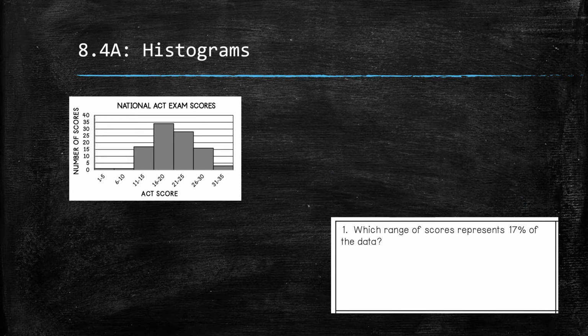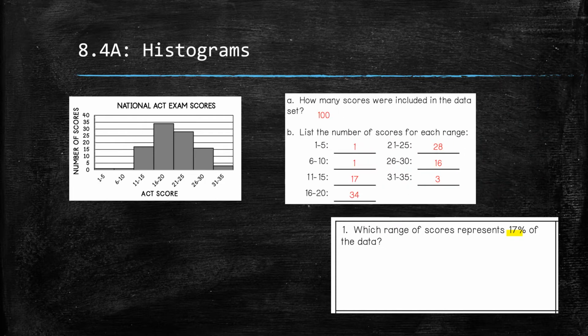All right, our next question is asking us to find the range of scores that represent 17%. So I'm going to bring over my data from the other slide, and I can easily calculate the percentage. Remember, if we're looking at the interval 1 through 5, the 1 represents my part, my whole is 100. So a fraction is a ratio that makes a part to whole.